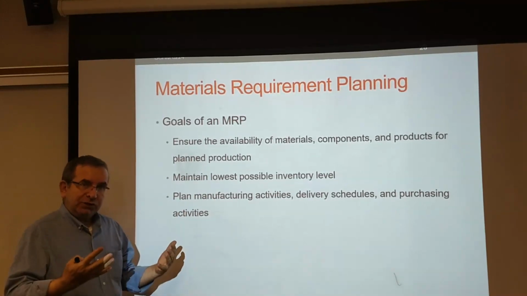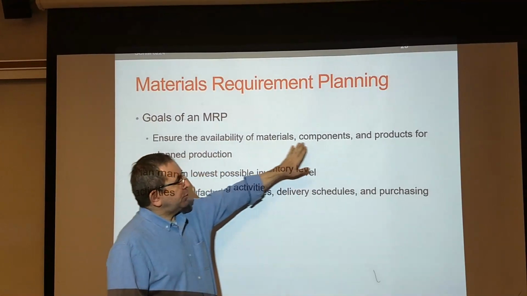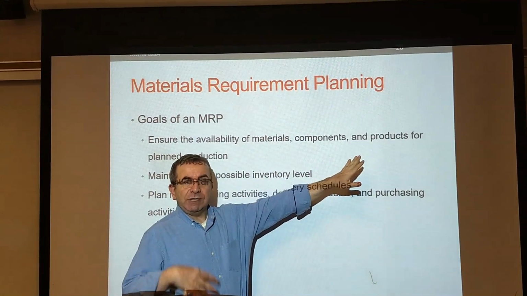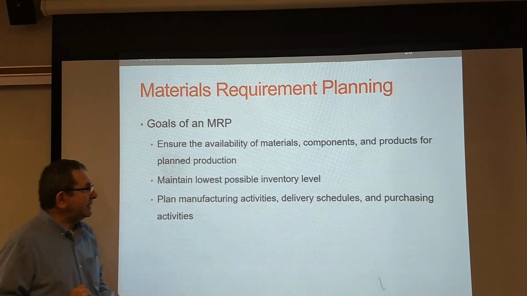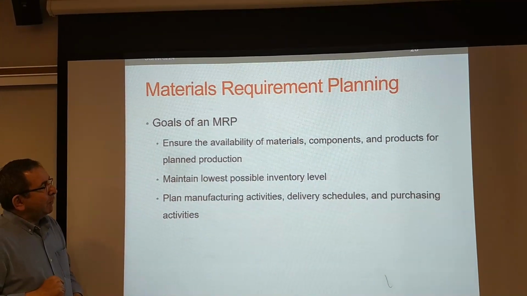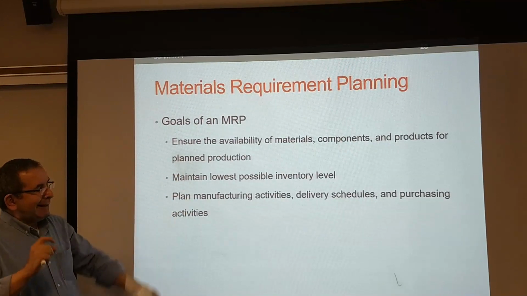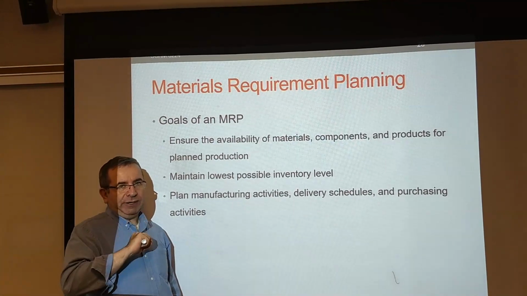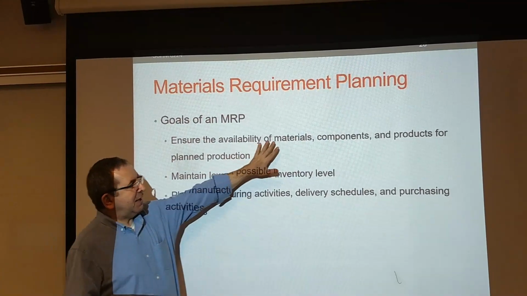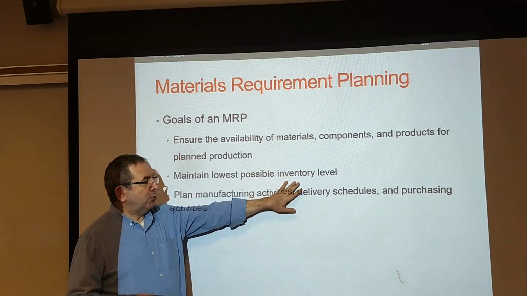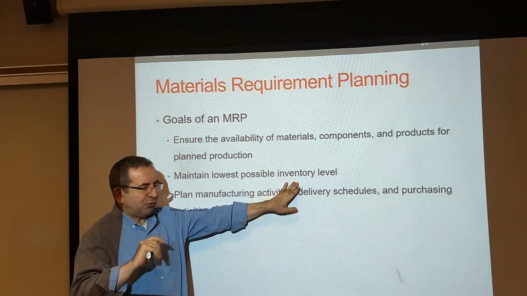To make the production happen, we need to have available certain raw materials, work in process inventory, sub-assemblies in appropriate quantities. Also, MRP tries to keep as little inventory as possible. Okay, so we want to have enough raw materials, but only as little as possible, only as much as we need, not more than that.